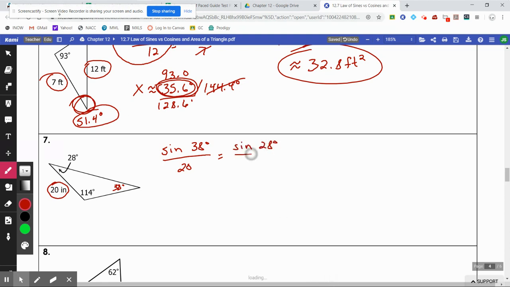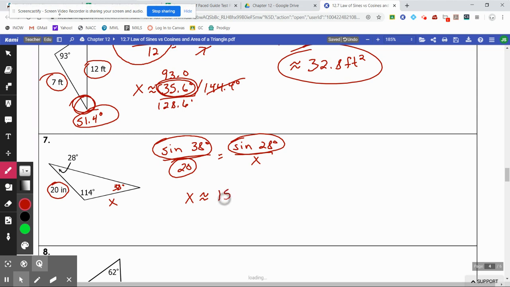We'll just do this one over x. We solve this proportion by multiplying 20 times sine of 28. We divide the answer by the sine of 38. And we get that my missing side, which, by the way, one more time, is this side down here that I'm looking for, is somewhere around 15.3, and that's in inches.